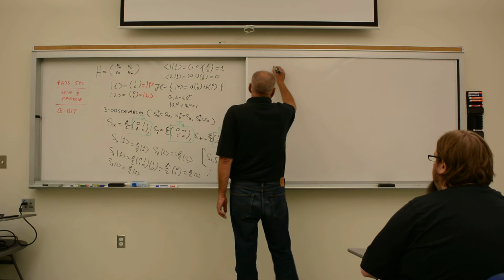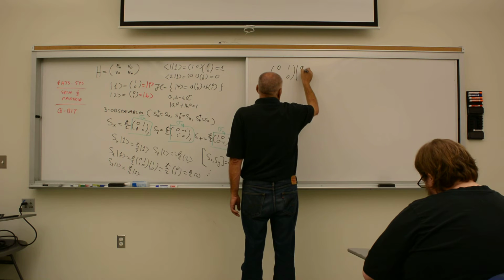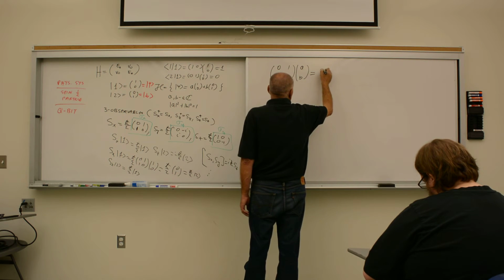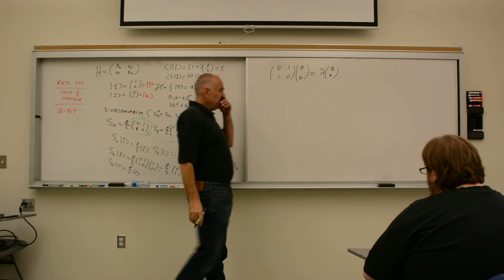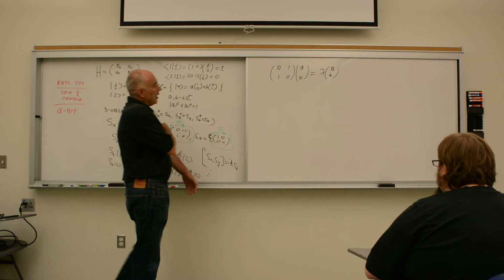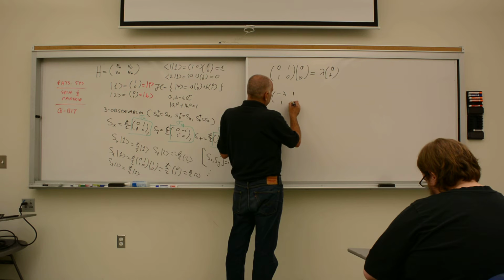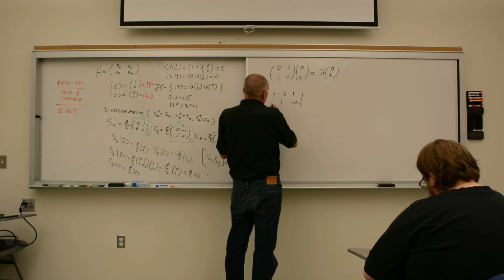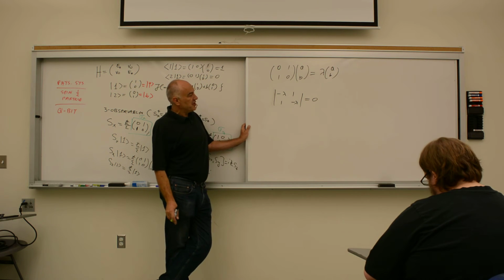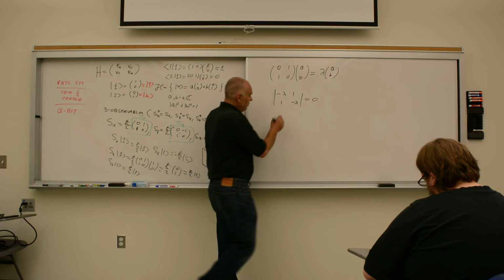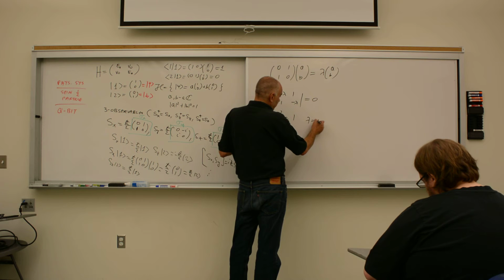So basically we need to solve the eigenvalue problem with this operator. This equation has a non-trivial solution if the determinant of the system is 0, which means that lambda squared is 1, or lambda is plus or minus 1.